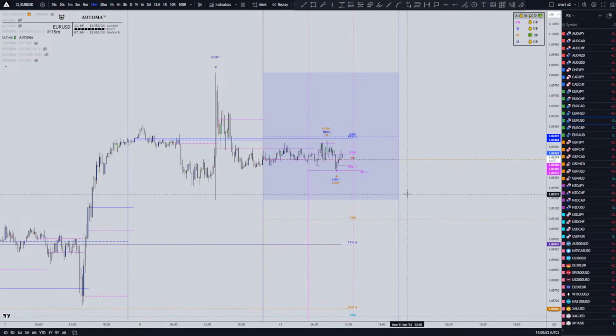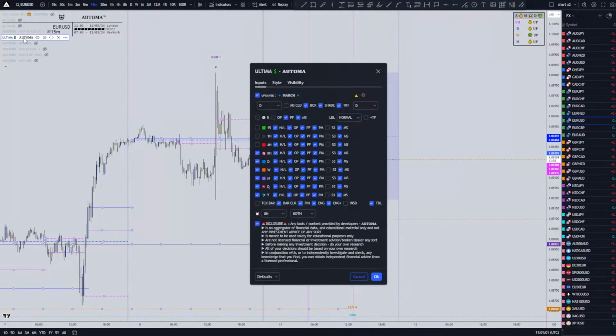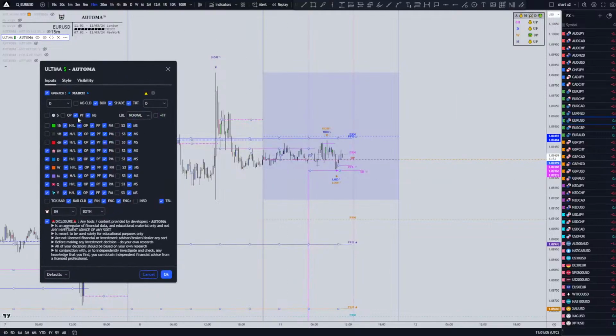The latest news regarding the Automa: we've been working on updating the latest Ultima tool, which gives us all time frame ranges, highs, lows, gives us the peak formation and our stage 1, 2, 3 concept indications, and gives us the market structure.